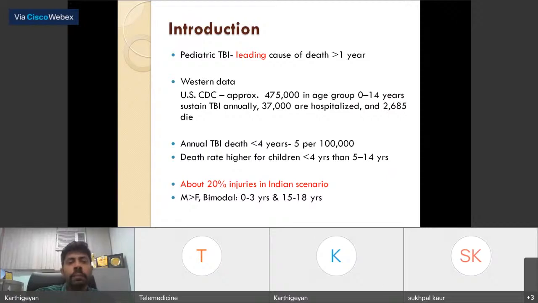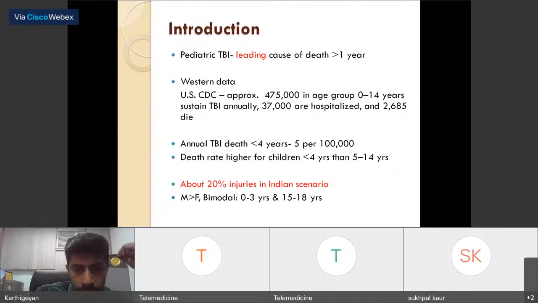So just to know the impact of TBI in children. TBI is the leading cause of morbidity and mortality in children more than 1 year. In some Western countries, the impact is so much that death due to TBI is almost 18 times more when compared to pediatric brain tumors.